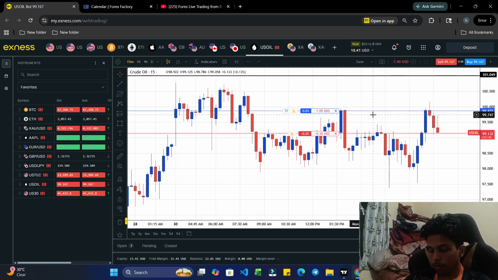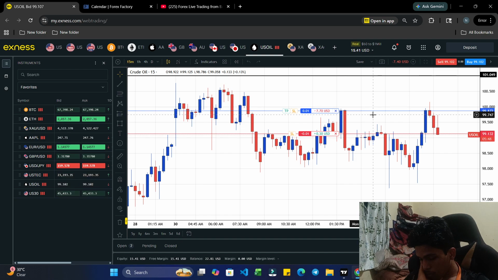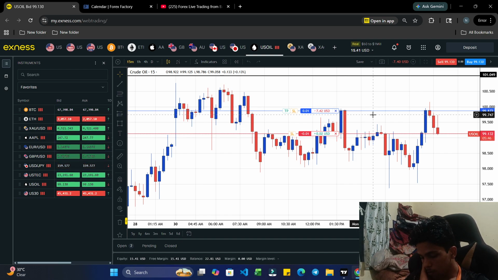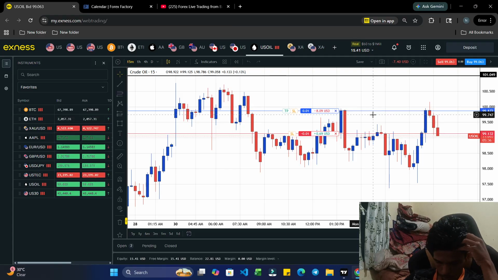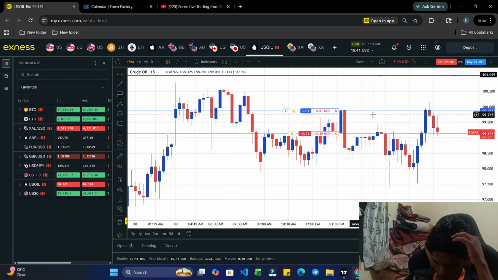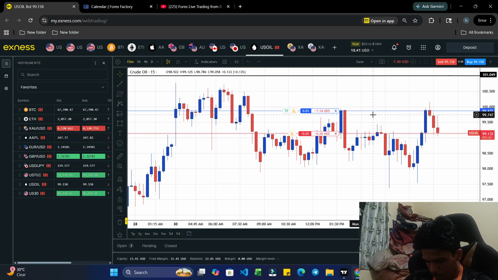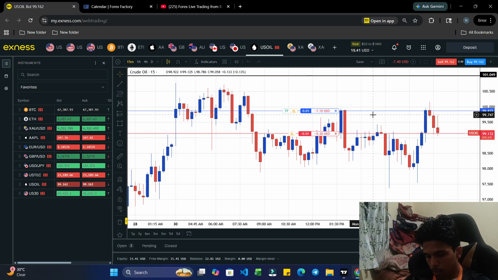Just leave this trade and just sleep. I just hedge because in 1 hour 35 minutes, the candle will go where you will see that.